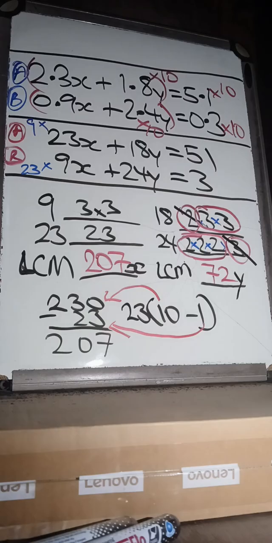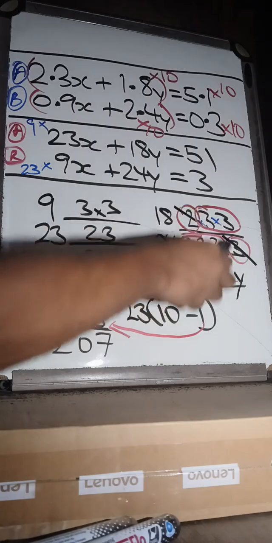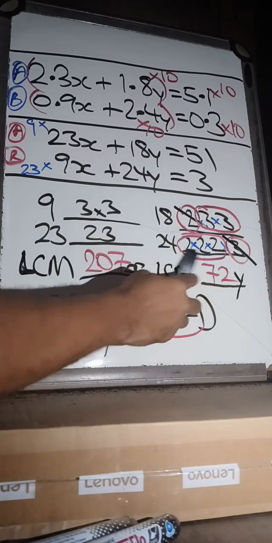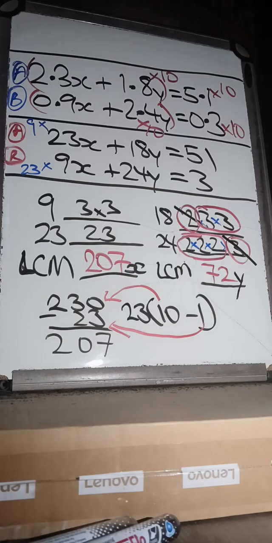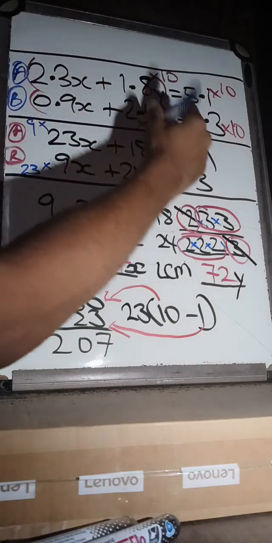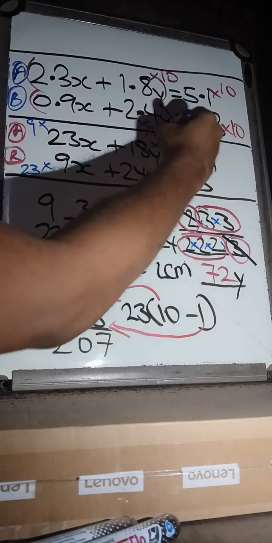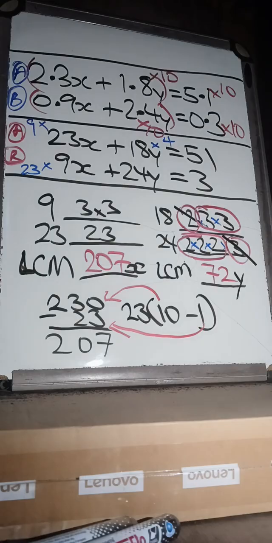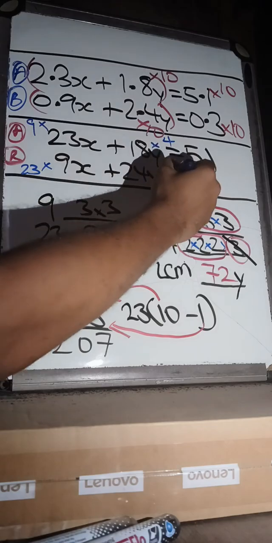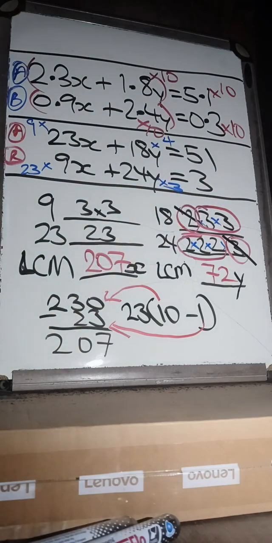I forgot that I never write the 72 in the full form, right? So 18, okay. If you separate the 18 from everything, you're left with 2 by 2, so 18 is multiplied by 4. So you multiply the 18 by the 4, and then the 24 you multiply by the 3. Yeah, we can do that.